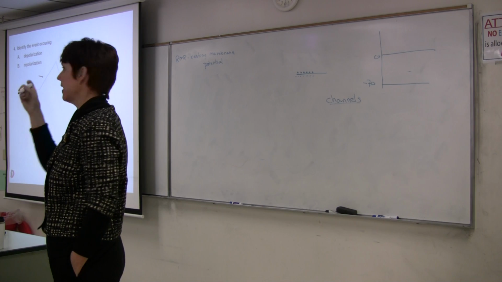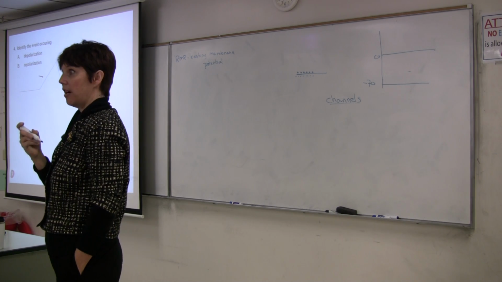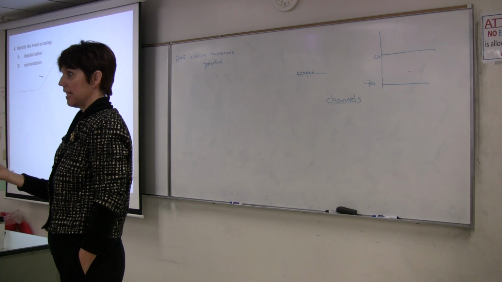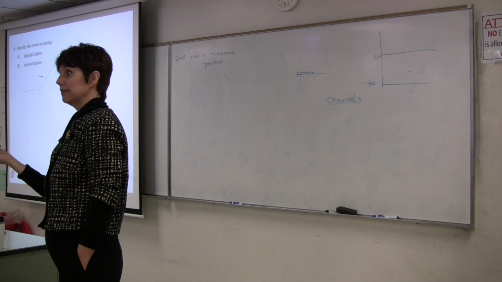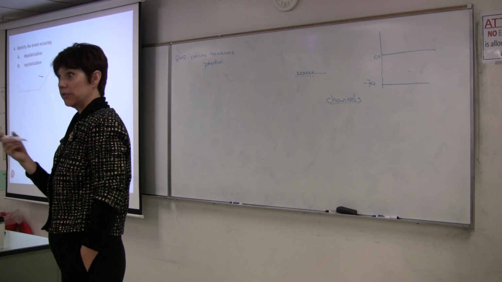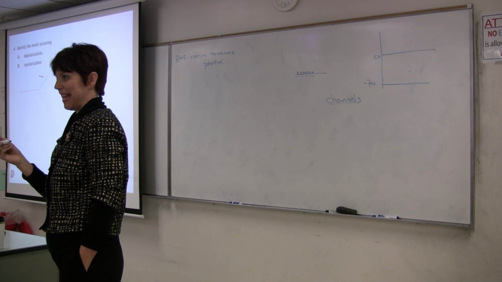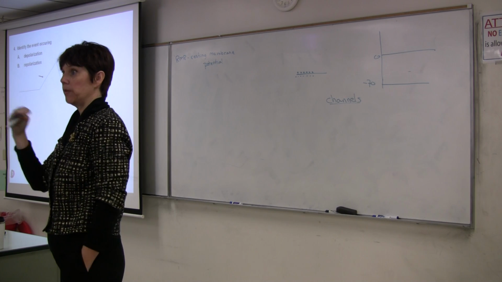What's passing across the channel causing this? Ions. Ions are charged particles, and our plasma membrane is nonpolar covalent. It's a lipid, it's an oil. And charged particles aren't going to move very well across that. So we need to create a channel to allow the ions to move into or out of the cell.